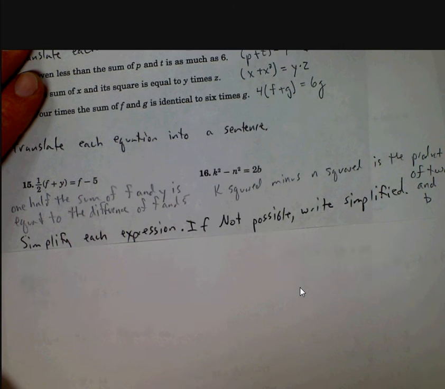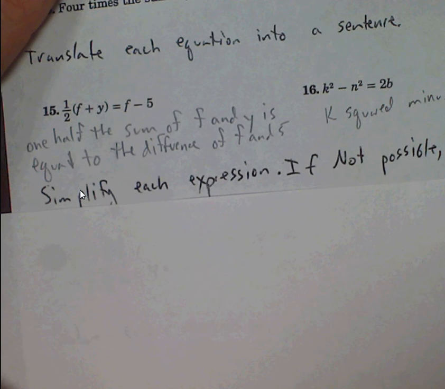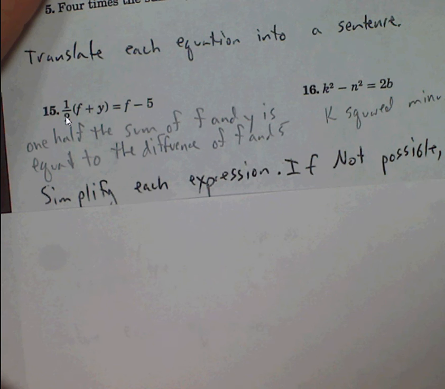These could have multiple answers, so let's go ahead and look at this. On number 15, I have 1/2. The sum means parentheses and add of f and y is equal to the difference of f and 5, something like that.